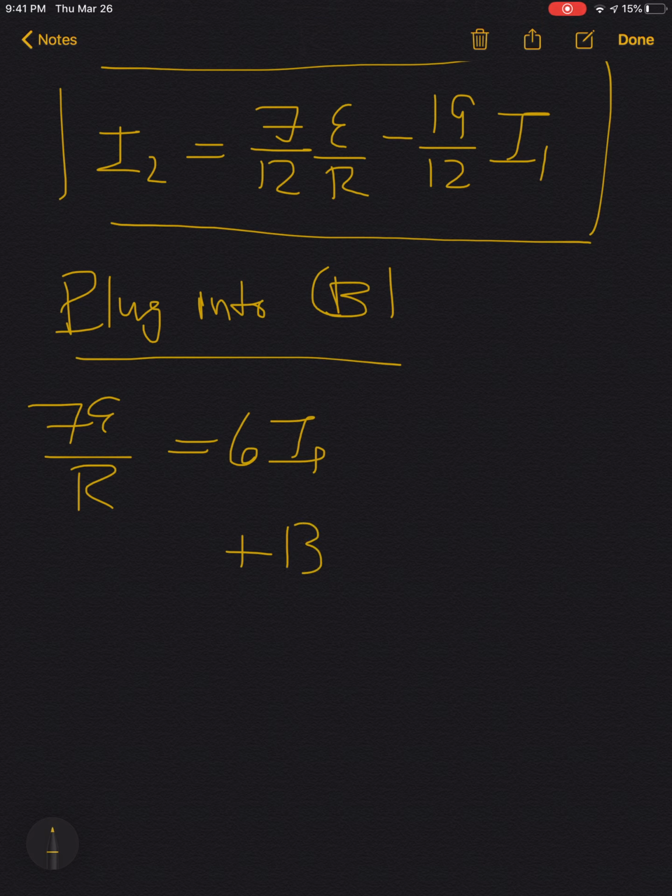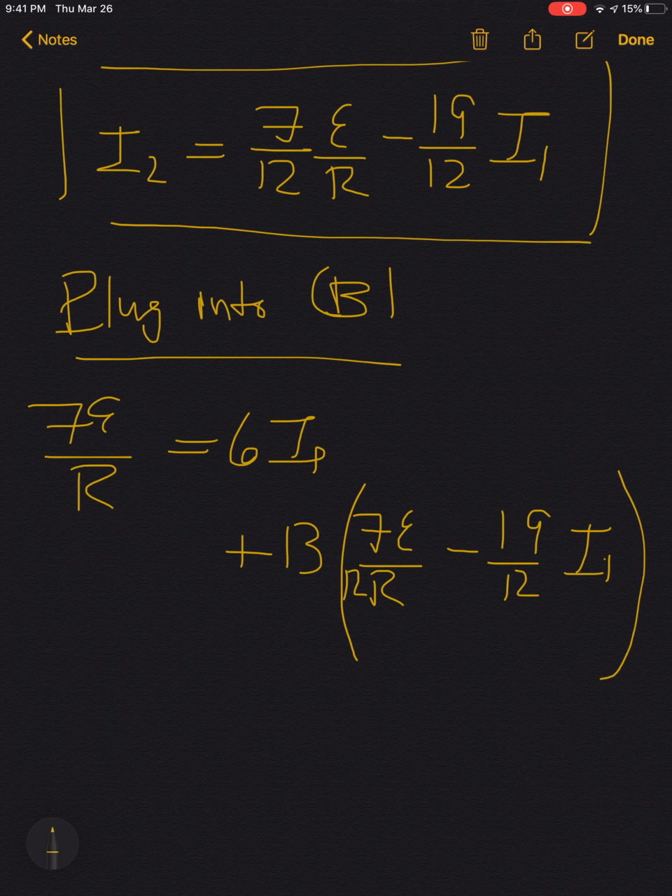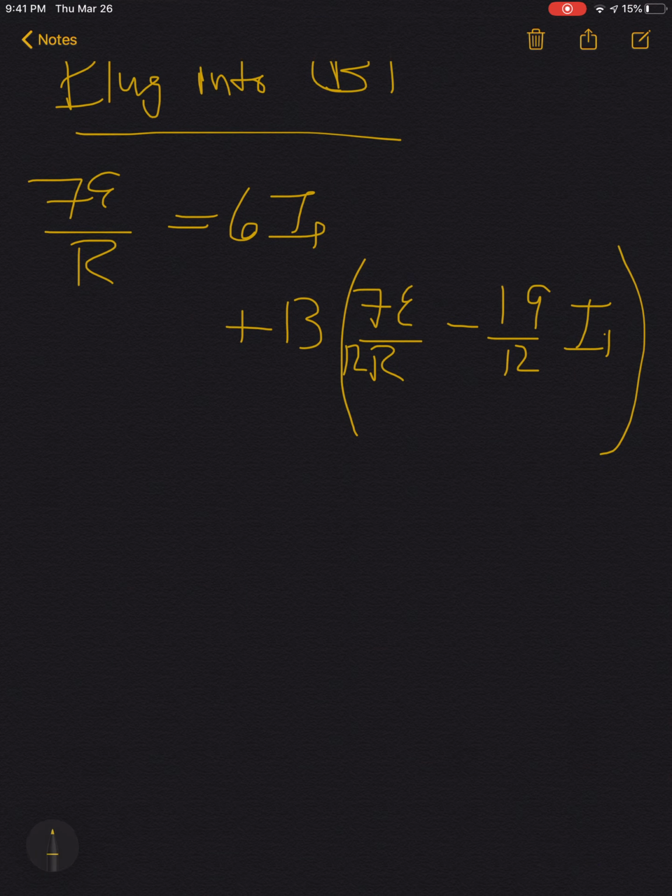So this is 13 times 7E over R over 12 as well, minus 19/12 I1. And now I'm going to want to solve this for I1 in terms of the parameters we know, which are the EMF and the resistance R. So this is going to involve me simplifying this sum until I can get I1 as a function of those things.